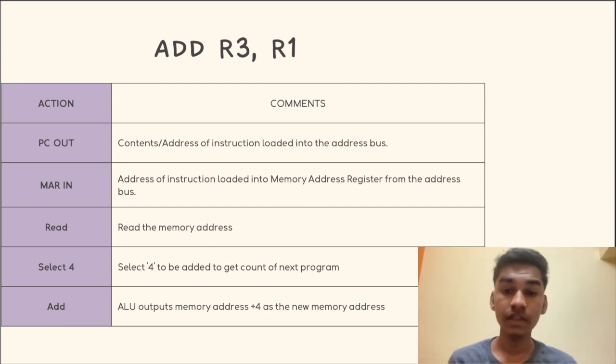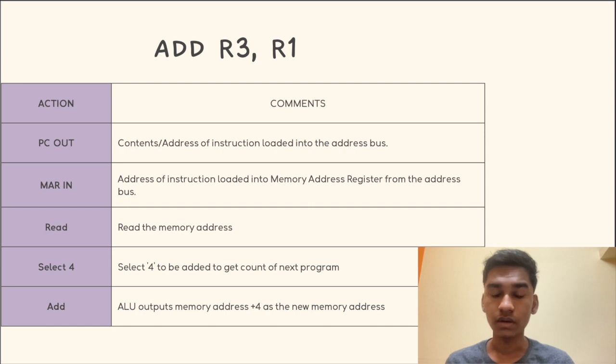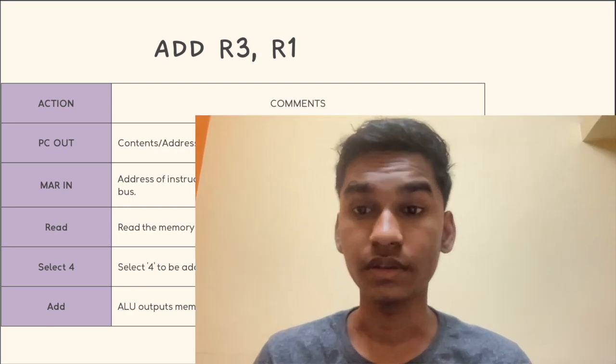In the instruction execution cycle, the instruction is first fetched from the memory and loaded in the instruction register. The instruction is then decoded, which involves the operands being fetched from their respective registers. The result is then stored in the destination register.